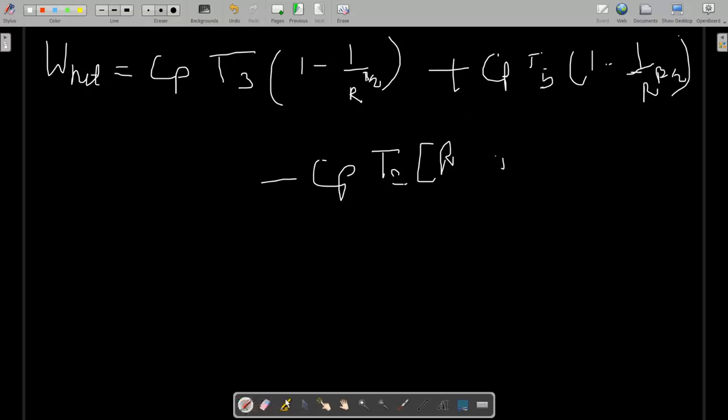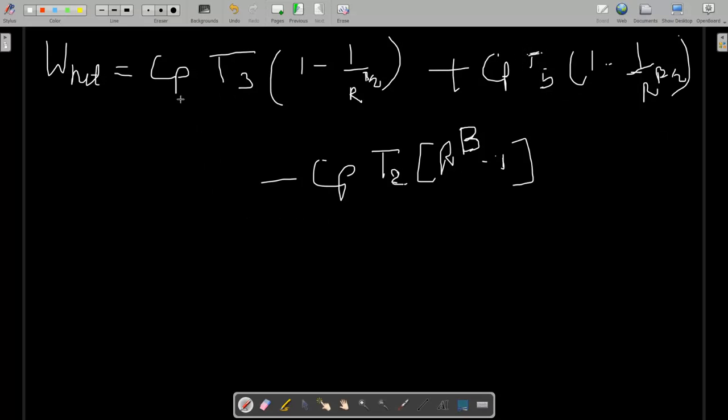This is the effect of maths, where every time we are writing x minus 1. Okay, so Cp T2, and sorry for the bad handwriting because there is some issue here in writing. T3 and T5 are the same as I already told you.